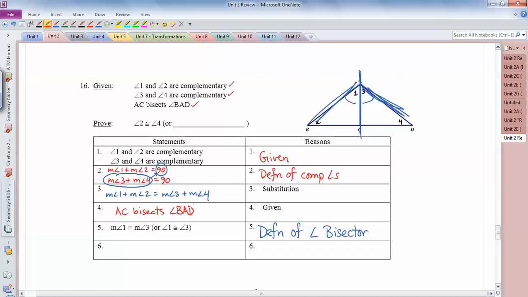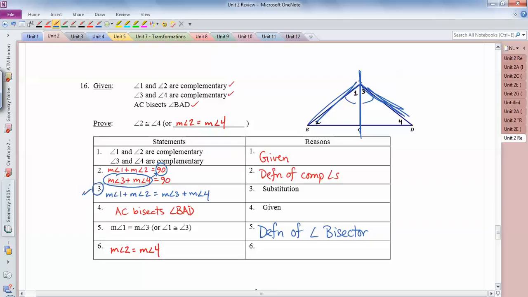Okay, so let's see. We have to end with measurement of 2 equals measurement of 4, or 2 is congruent to 4. But notice we used all these m versions up there, so I'm going to write m2 equals m4. This one's a little bit harder to see. So I'm going to rewrite a couple of steps on the side here.